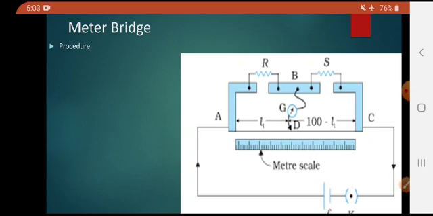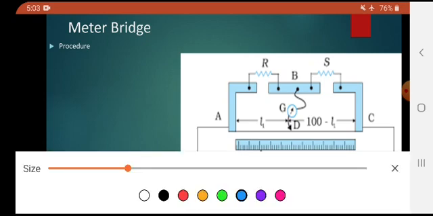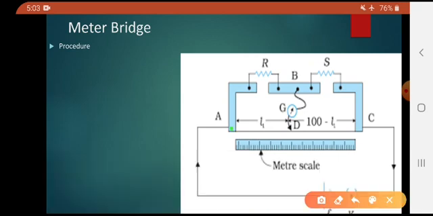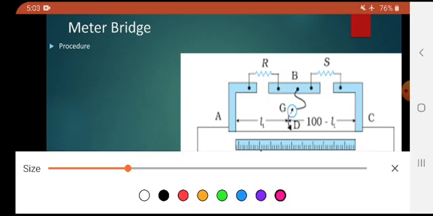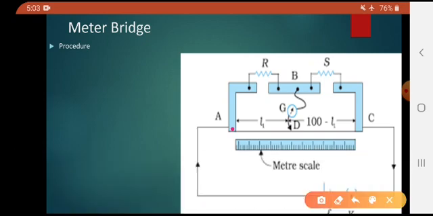Alright, now you have to start the experiment. What you are finding out here is the unknown resistance, which is connected in gap 1. Take the jockey and gently touch the wire from the side where the battery positive terminal is connected.